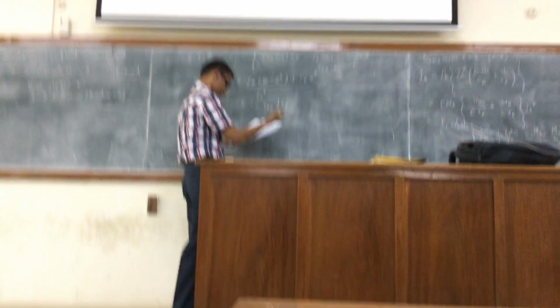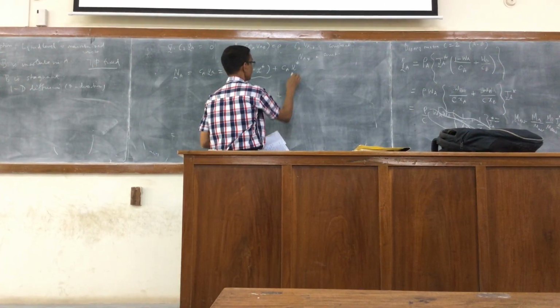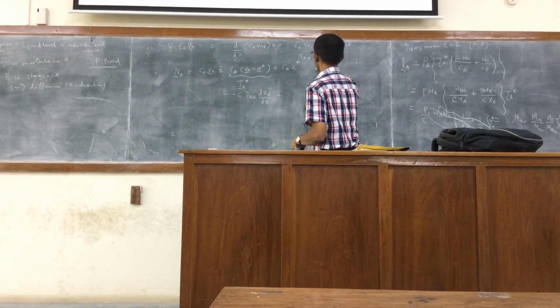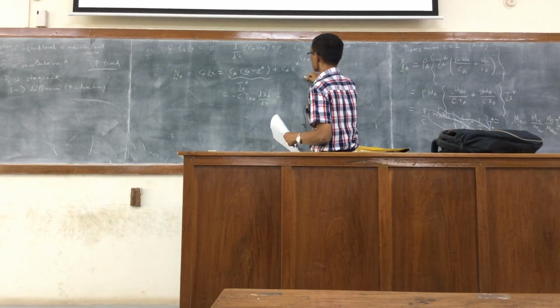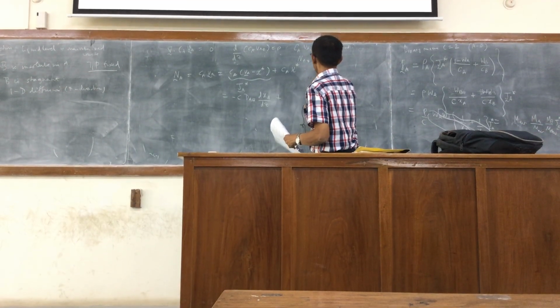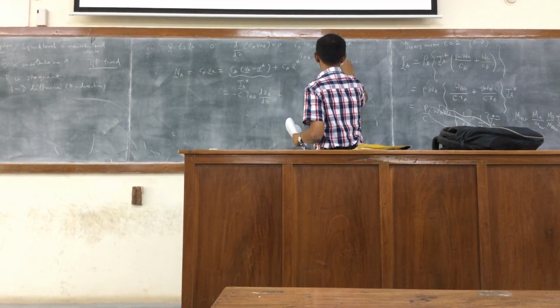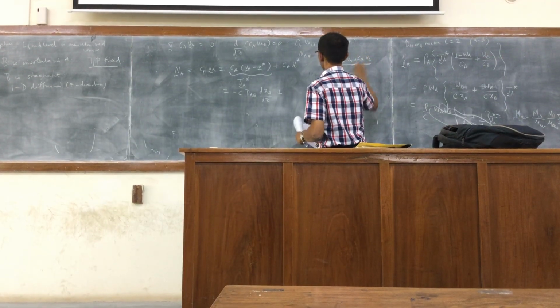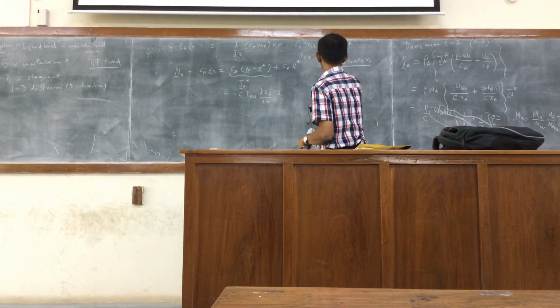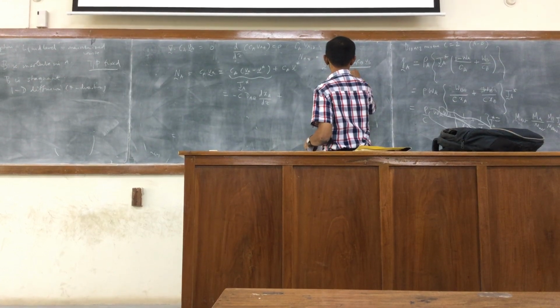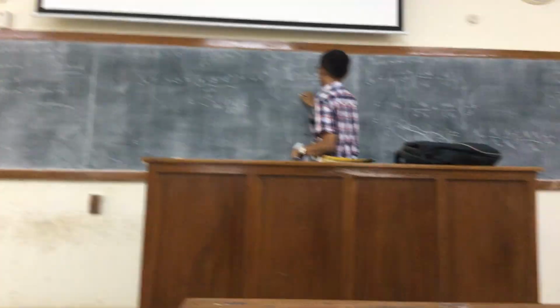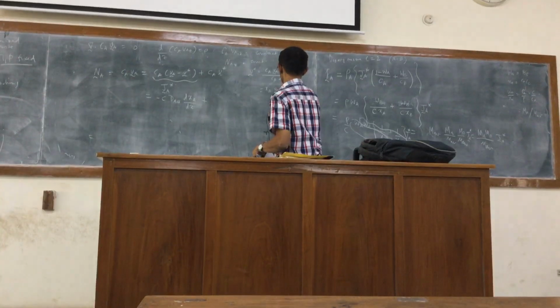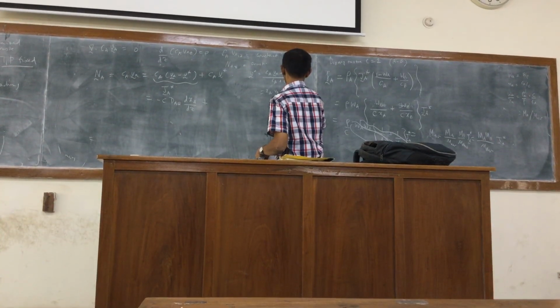What about this? So CA v*. The v* is (CA vA plus CB vB) by (CA plus CB). So I can write this as XA vA plus XB vB.